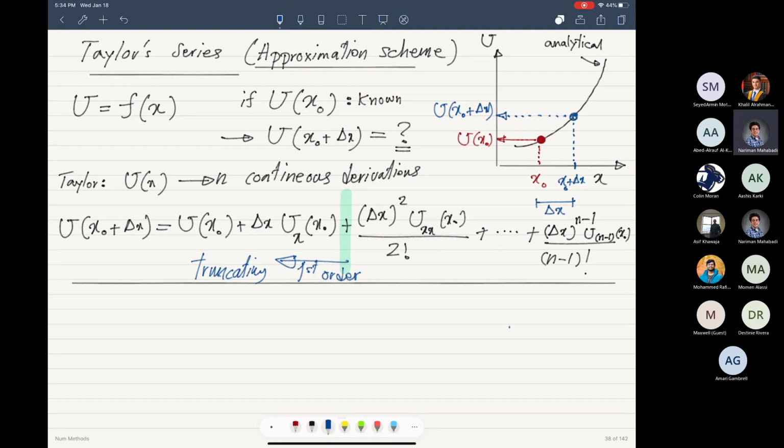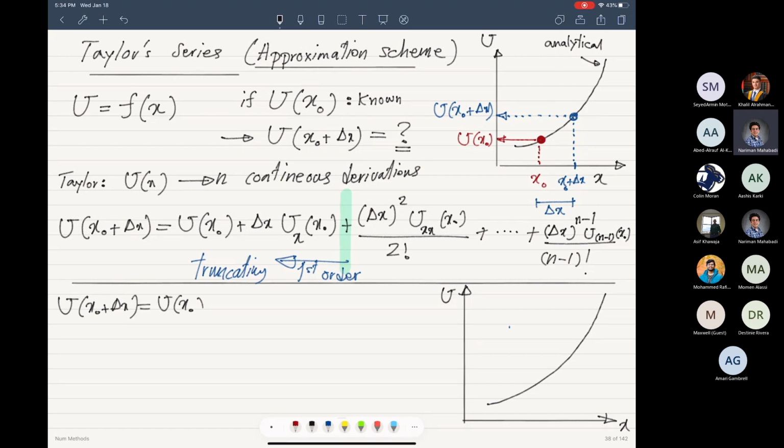Okay, let's draw again this graph. I have u versus x, and this is my analytical solution. If I truncate this at the first order, this is my form of equation: u at x naught plus delta x is going to be only u at x naught plus delta x times u_x at x naught.